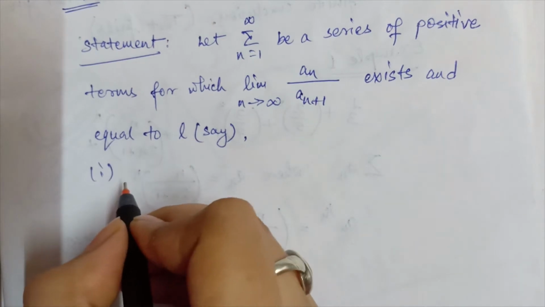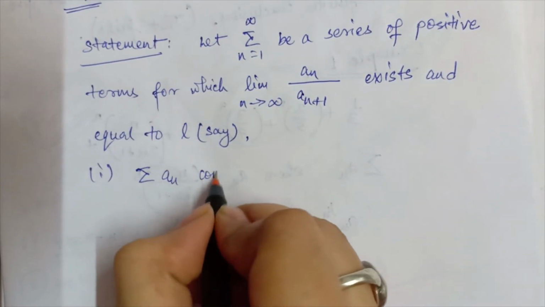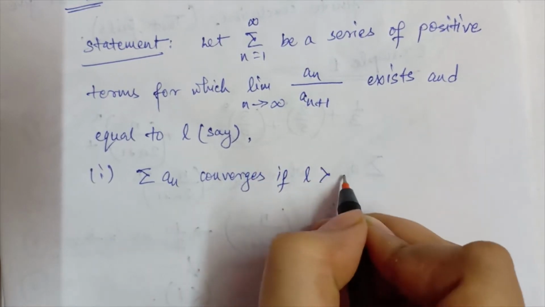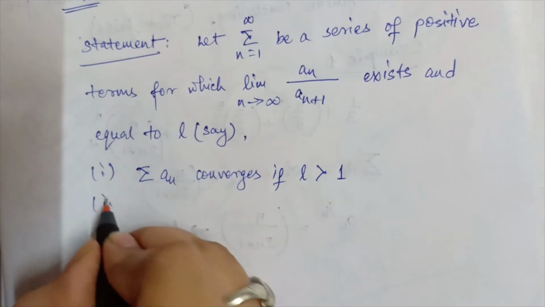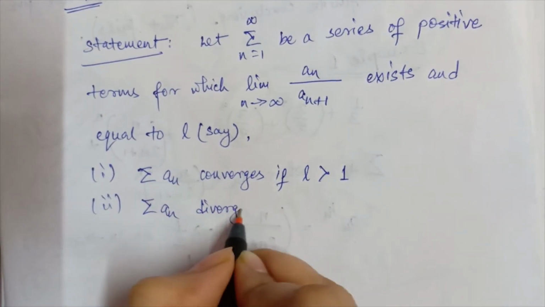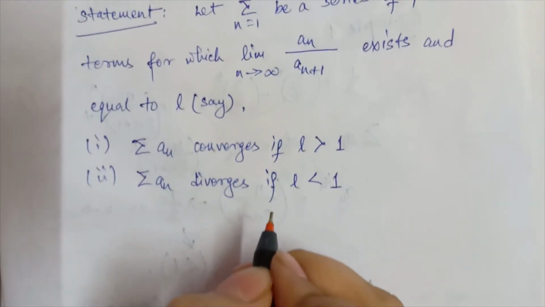The first one is the series an converges if L is greater than 1. The second one is the series an diverges if L is less than 1.